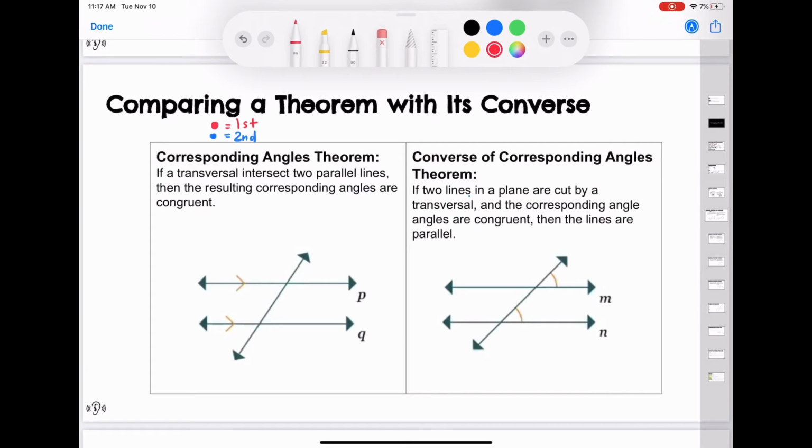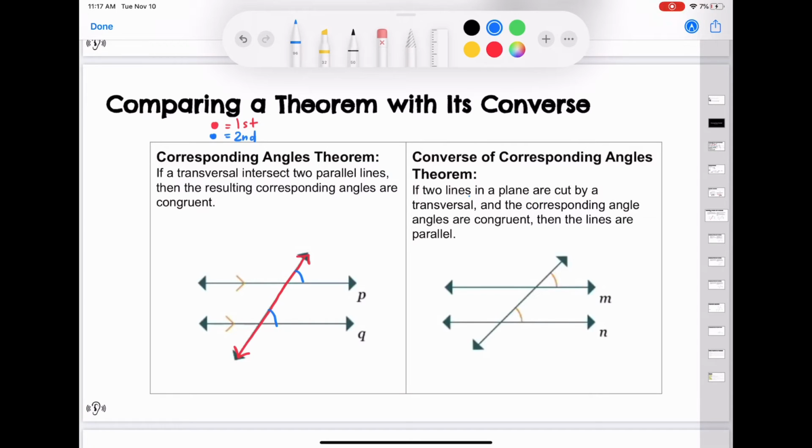So, this is saying if a transversal intersects two parallel lines, P and Q, then the resulting corresponding angles are congruent. So if we have a transversal which intersects two parallel lines, then it's reasonable to assume that we have resulting corresponding angles which are congruent.